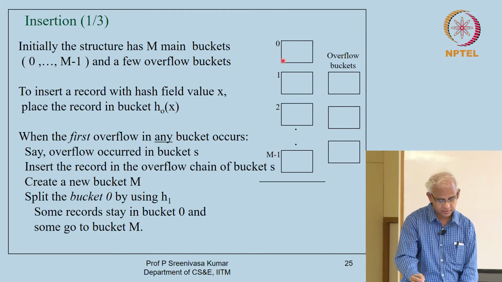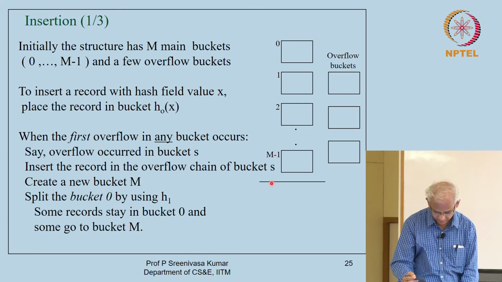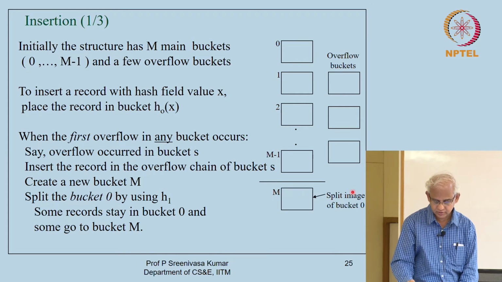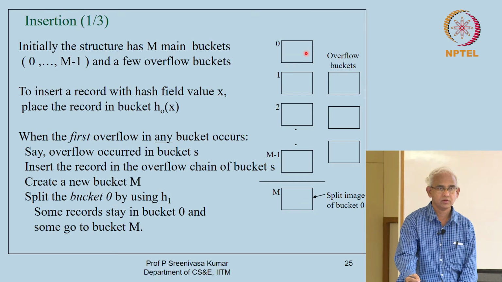So, when you take H1, which is x mod 2m, you take the records that are here and rehash them with H1. Some of them will have 0 as a hash value, some of them will have M. So, now we create a new bucket M. This is going to be called the split image of bucket 0. Okay.